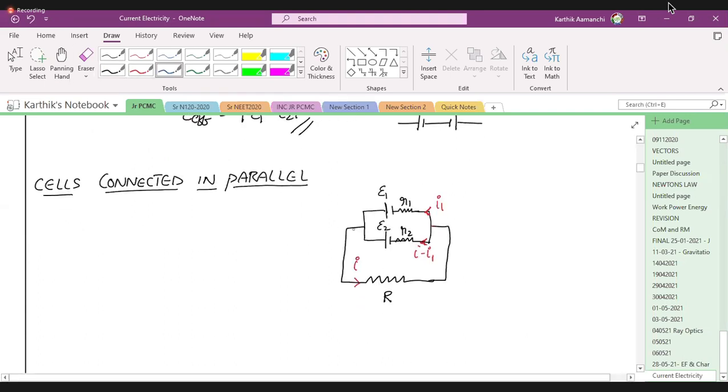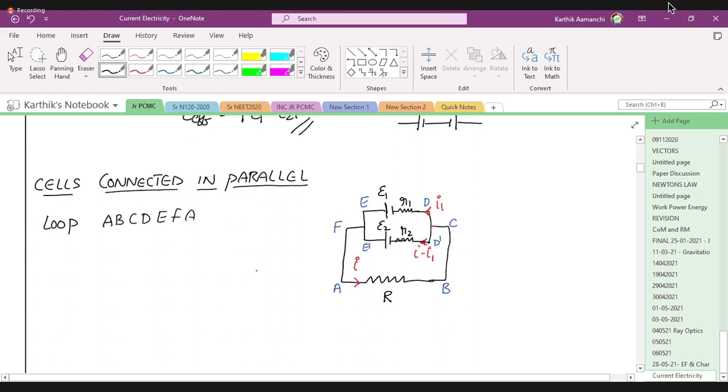It should always be a closed loop. So I'll take these points as A, B, C, D, E, and F. Can I take loop A, B, C, D, E, F, A? Yes, sir. Use your loop law.